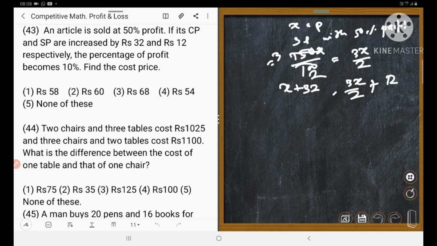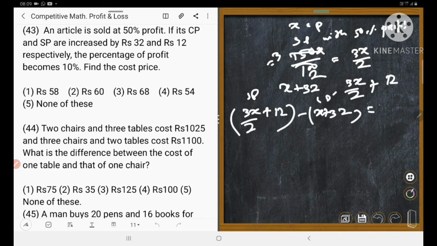So 3x upon 2 plus 12 minus x plus 32 is equal to x plus 32 into 10 upon 100.